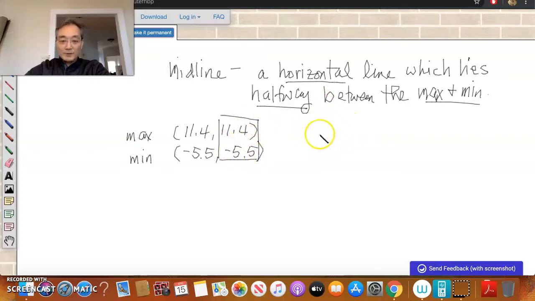So how do you find the average? Just add them up and then divide by 2.